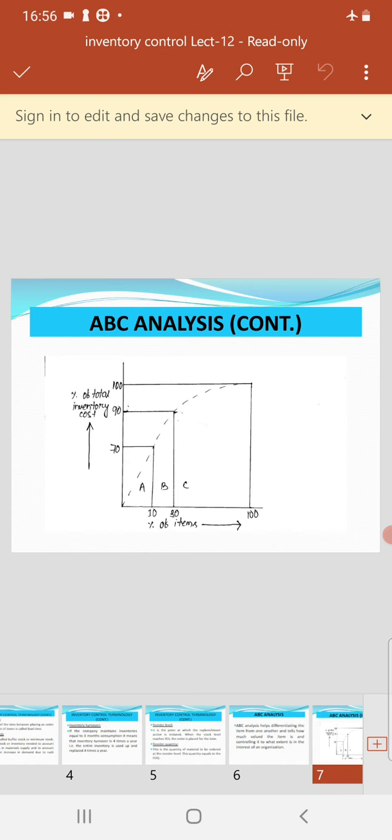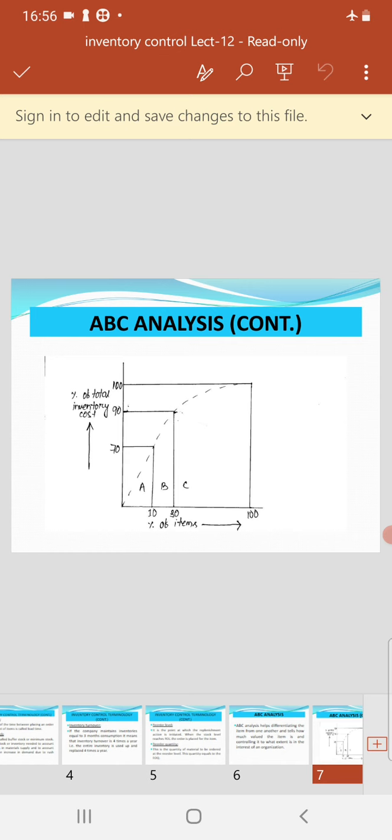The A type of group consists of a small percentage of items but carries the highest cost of the inventory. So these are the most valuable inventories. Their item number is less but cost is more.